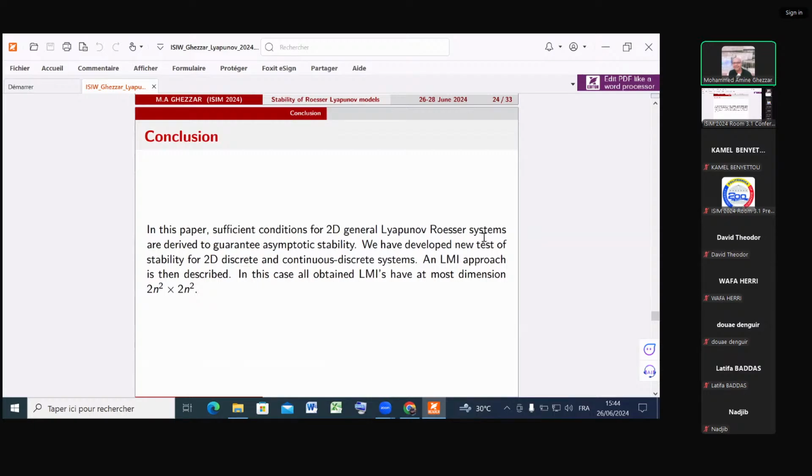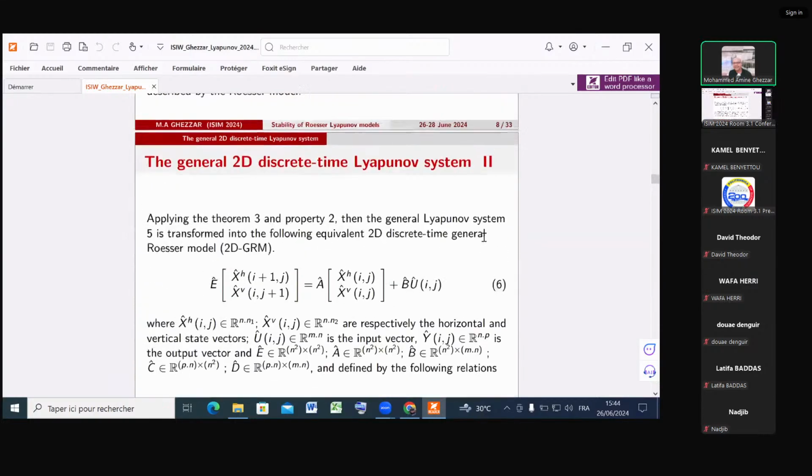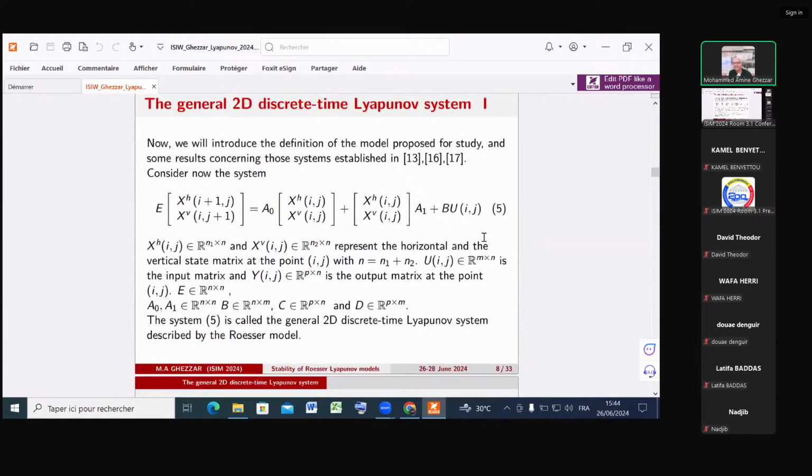As a perspective of work, the continuous case, when we have two variables T1, T2, has until now not been explored because it's really difficult in terms of the LMIs.